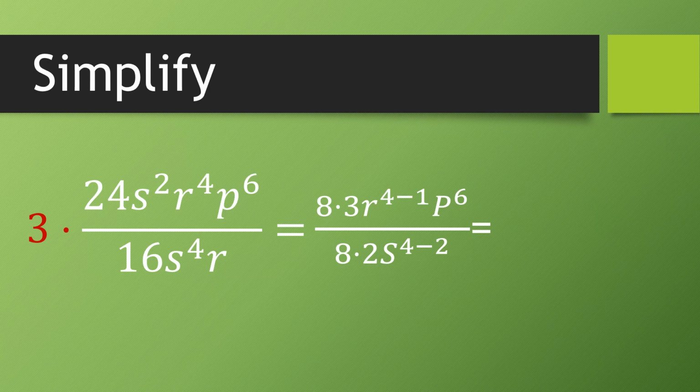So let us now simplify. You cancel out 8 because that is common to the numerator and denominator. So we have 3r raised to the third power p to the sixth power over 2s to the second power.